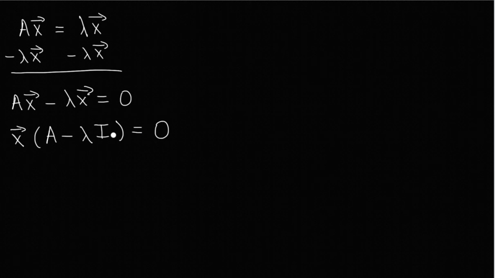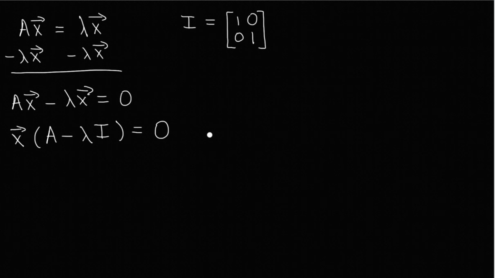So that's where that I comes in. And if you remember, the identity matrix is a square matrix where you have ones down the main diagonal. But in the other places, you'll have zeros as entries. So for example, this would be the 2 by 2 identity matrix.